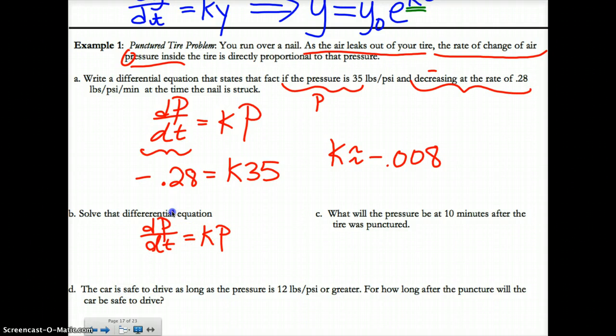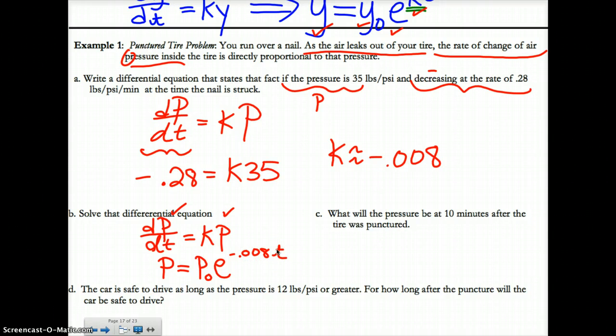And again, the pressure change over time is directly proportional to the pressure in the tire. Well, when it says solve that differential equation, I'm going to go back up to my model here and write down what I've got going. My pressure at any time is going to be equal to the pressure that it started at, and then e to the k, which I already solved for up above, t.